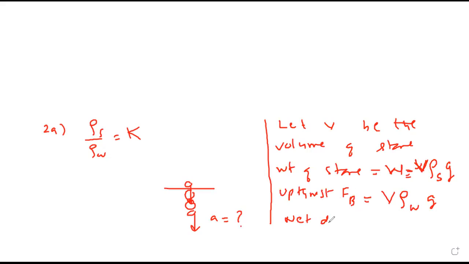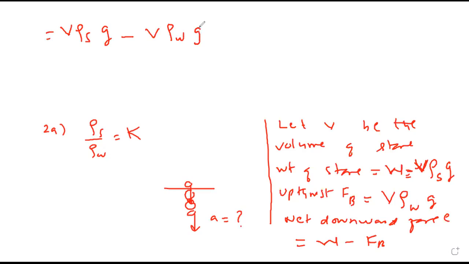So net downward force will be equal to weight minus upthrust. Weight is volume into density into g. Upthrust is volume into density of water into g.